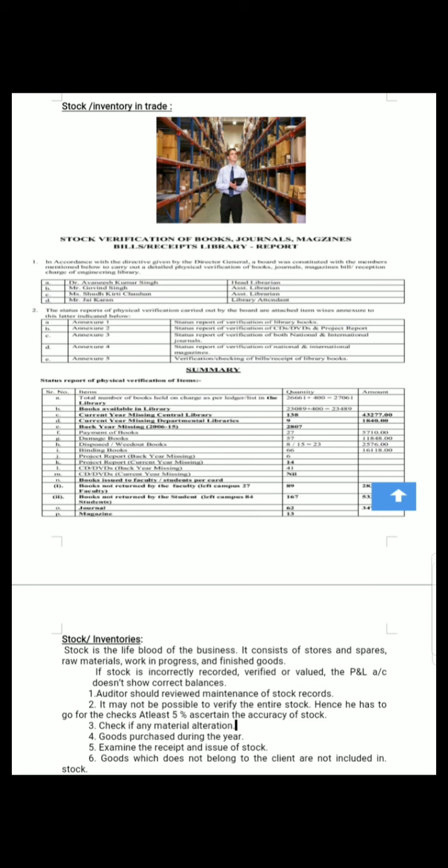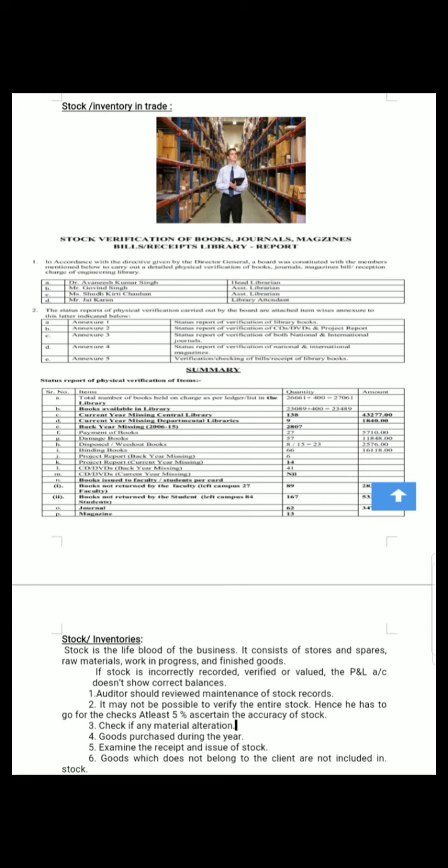Without stock, we cannot do any kind of trade. Just as capital is the lifeblood of business, at the same time stock is also the lifeblood of the business. Without stock, we cannot render any kind of trade services to the public.